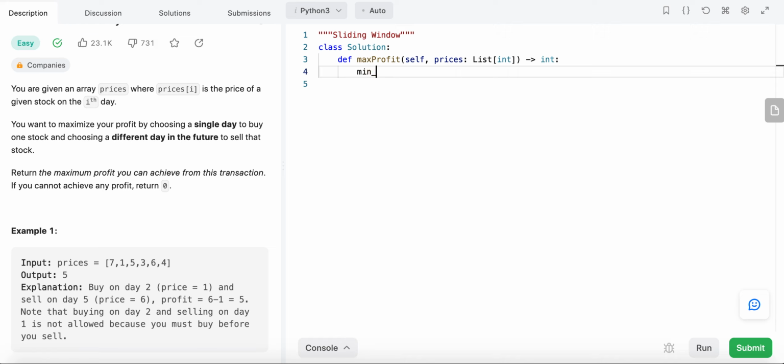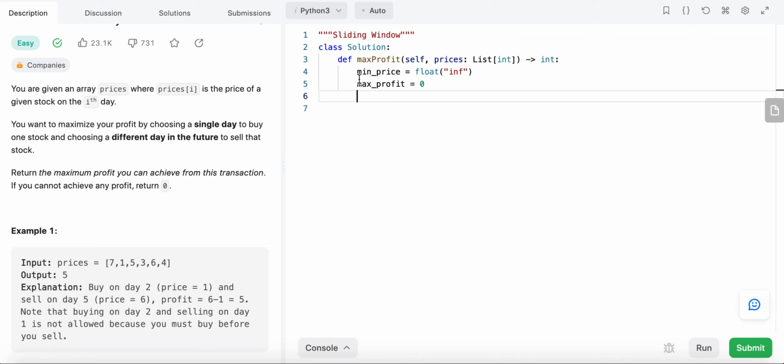We have a minimum price. At the very beginning, we set it to a very big number, basically positive infinity. And then we also want a variable to keep track of the maximum profit so far, which we set to 0.